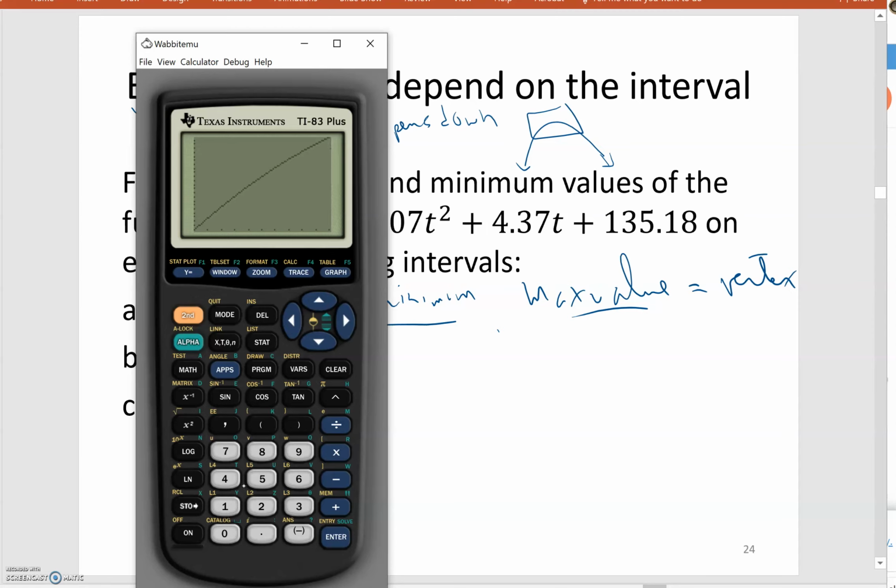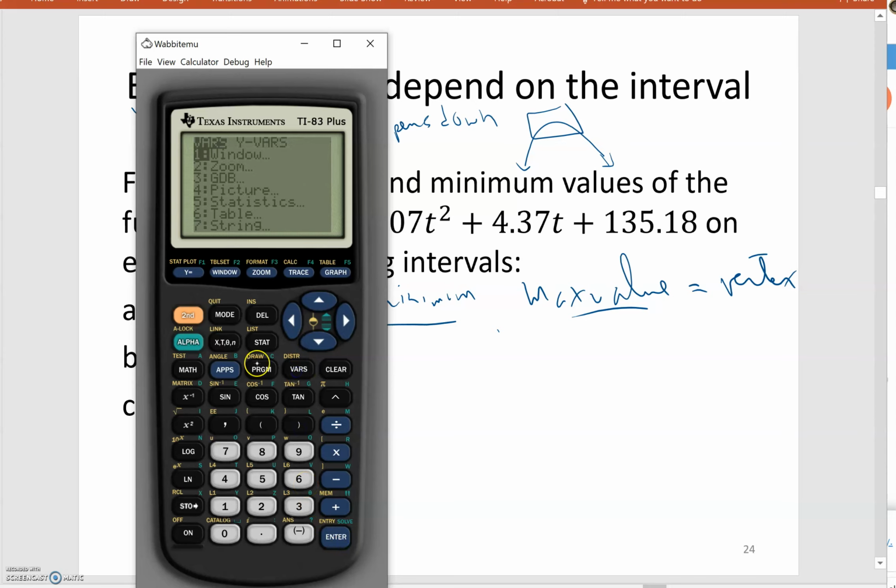All right, so this is a good example. The minimum is just going to be the leftmost value and the maximum is going to be the rightmost value. Since the leftmost value is 10, the minimum will be, in fact, just y1 at 10. So that's my minimum, 171.88.